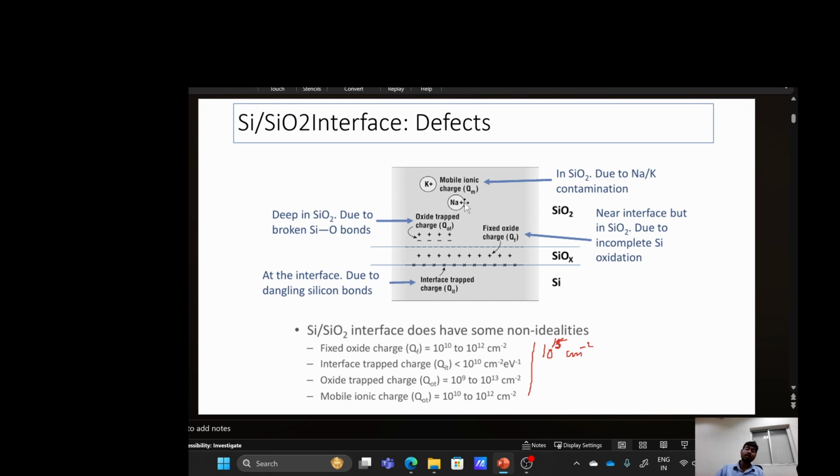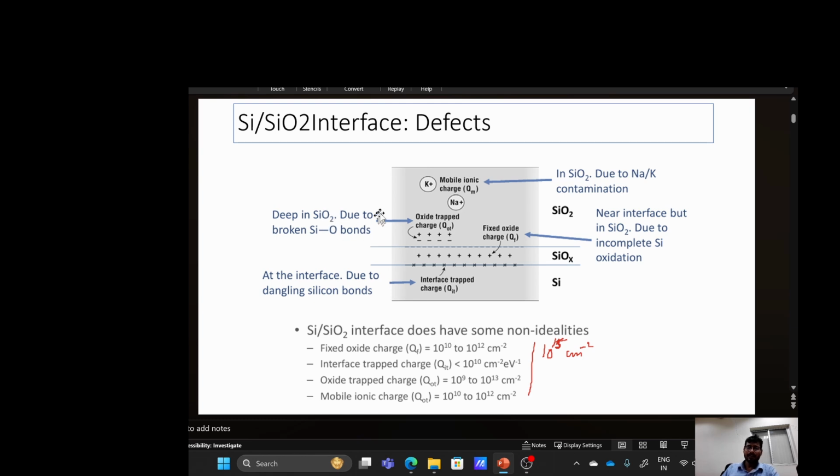Their solid solubility is too high, and because of this dielectric breakdown happens at very low voltage if these defects are higher. Another kind of defect is deep in SiO2, due to bond breaking. We call these oxide trap charges, because of the breaking of bonds in SiO2.